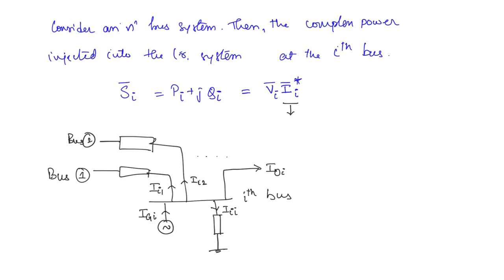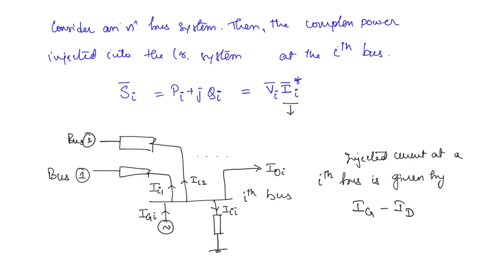Okay, now the injected current at a bus is given by Ig minus Id, and if you are taking the ith bus, then it is Igi minus Idi. Now we will see what is Igi minus Idi. Simply you can apply the KCL here.